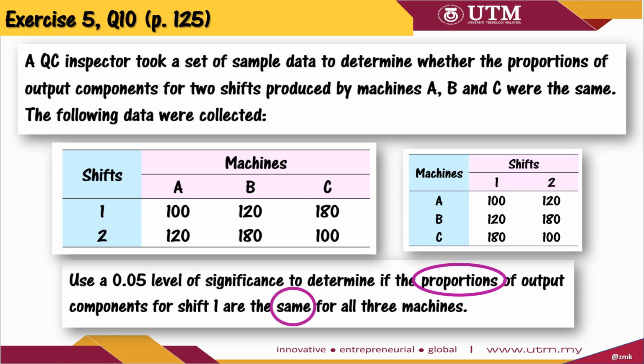Here, the unfixed variable is the shifts, where we want to investigate if the proportions of components produced by shift 1, which implies by shift 2 as well, are the same or homogeneous across the fixed variable, which is the machine types A, B, and C.